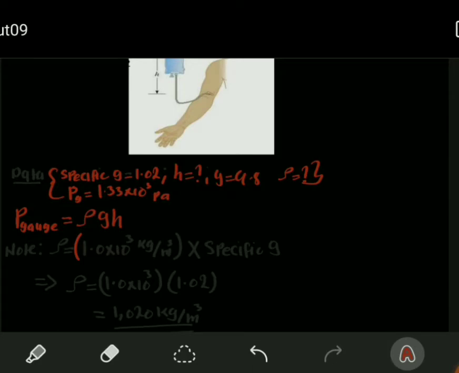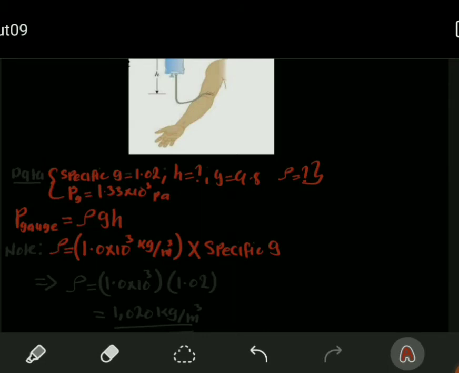Since we are given the specific gravity of the solution, and we know that this solution contains some water, because it's made with a water mixture, we are going to multiply the density of the water times the specific gravity of the solution. So we multiply the density of water with the specific gravity to obtain the density of that solution.